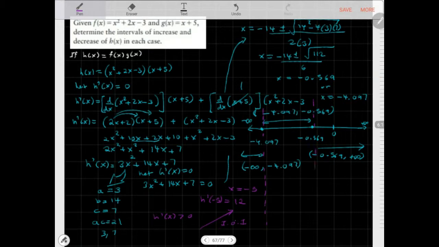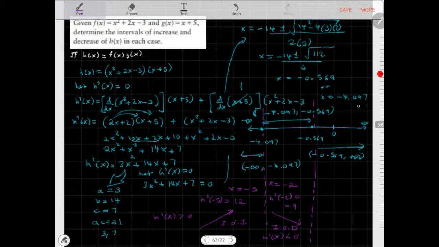Then I'm going to test the interval between negative 4.097 and negative 0.569. To test that interval, I'm going to let x equal something between these two numbers. Let's do negative 2. Let's do h prime of negative 2. If I plug this into my derivative function, I get negative 9. So this tells you that it's an interval of decrease, because h prime of x is less than 0.